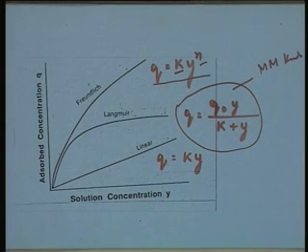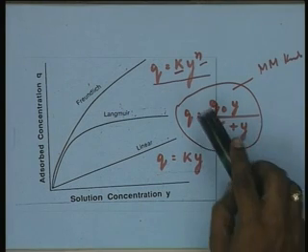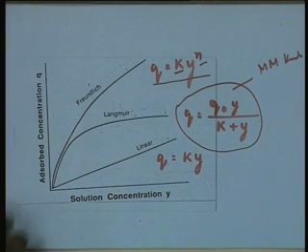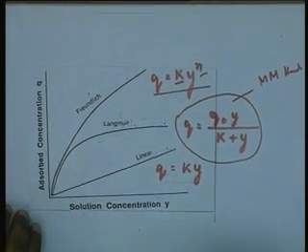These three phenomena are intrinsically related, because they end up in a similar kind of kinetic expression. And as far as the analysis is concerned, all three can be analyzed by a double reciprocal plot. That means if you plot 1 upon q versus 1 upon y, you will get a linear plot, and you can get the values of q naught and k, and the adsorption process for a particular enzyme and a particular carrier can be analyzed quantitatively.